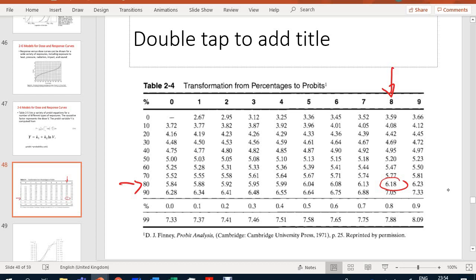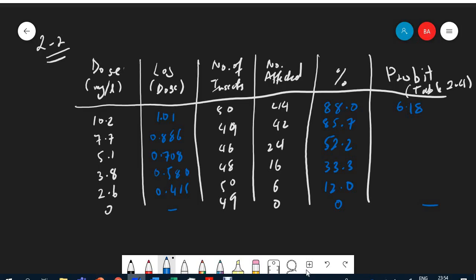So something between 6.04 and 6.08, and I would say that 85.7 is like 85 point, it's closer to 86, right? So I would say that 6.07 is a good number. So I'll come here and say that this is 6.07, and so on. So this is what we are going to do, and we are going to get the list of the rest of the data.